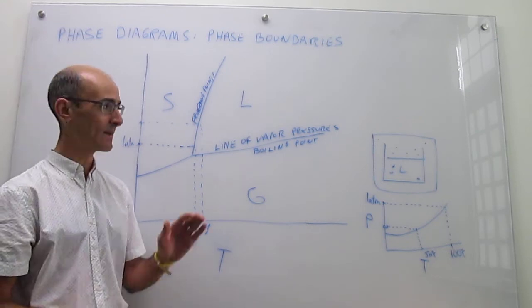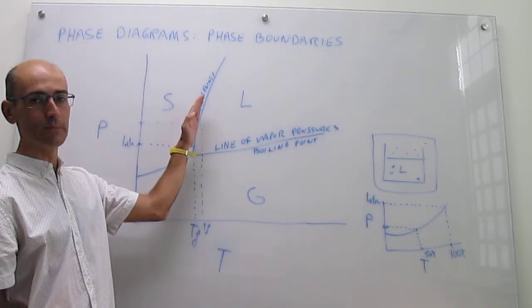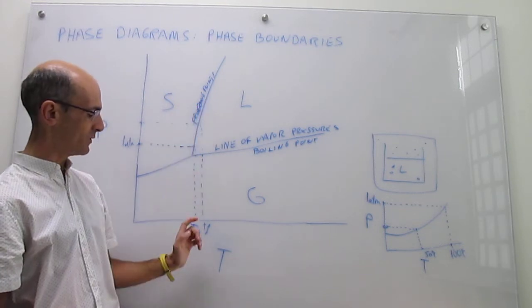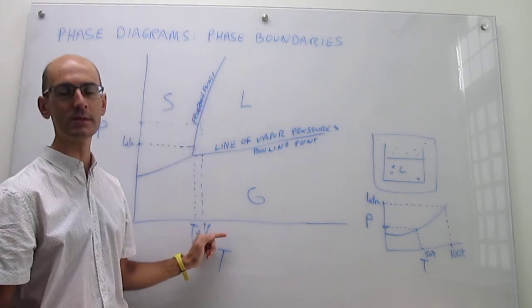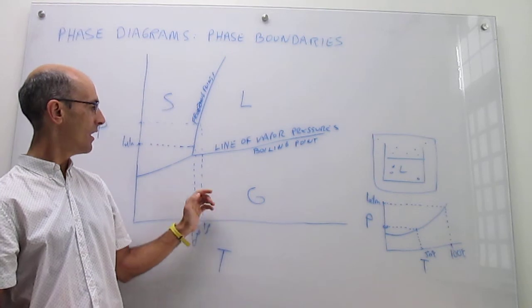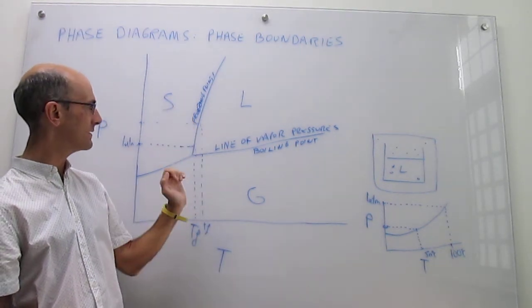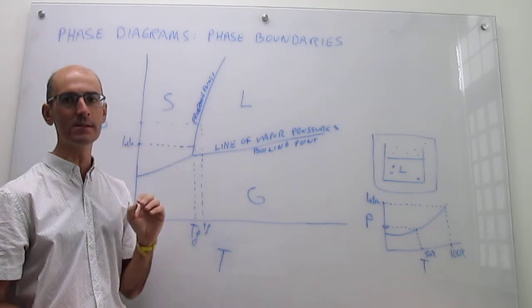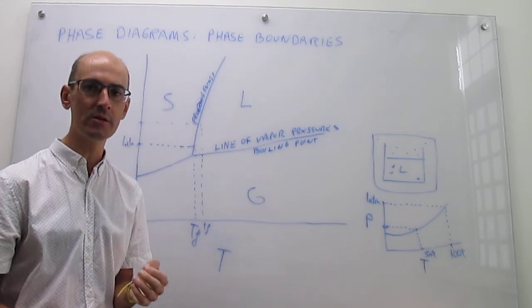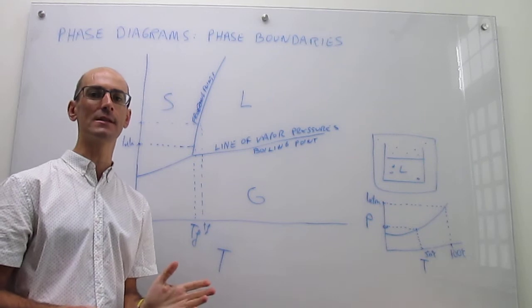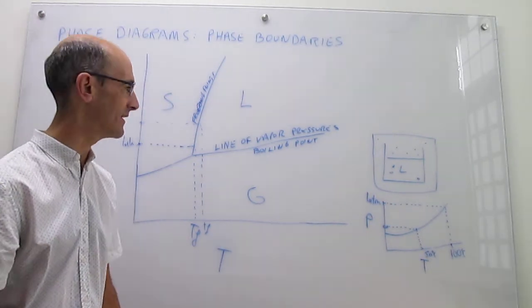Again, notice that not all substances have this slope be positive as this one, and we just see that the freezing point increases with increasing pressure. Water, for example, has a slightly negative slope in this phase boundary, and what that means is that when you increase the pressure on water, it freezes at lower temperatures, and again, that is just an anomaly.